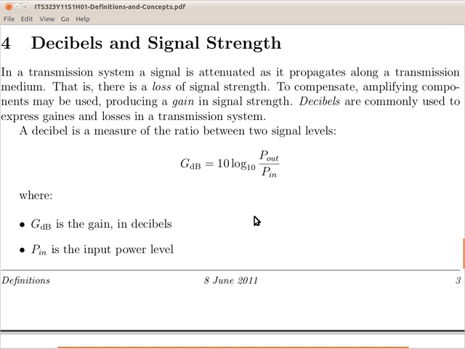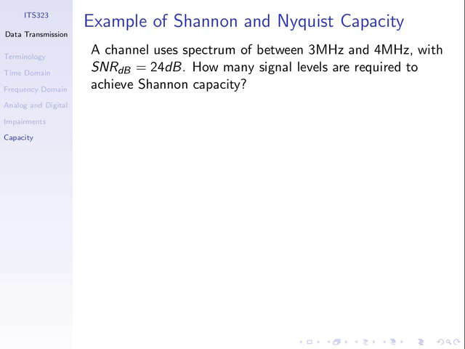Okay, so we need that knowledge to come back to our question, which says we have a signal-to-noise ratio expressed in decibels. Our question gave us the signal-to-noise ratio in decibels. But the Shannon capacity equation, this value of SNR is the absolute value.